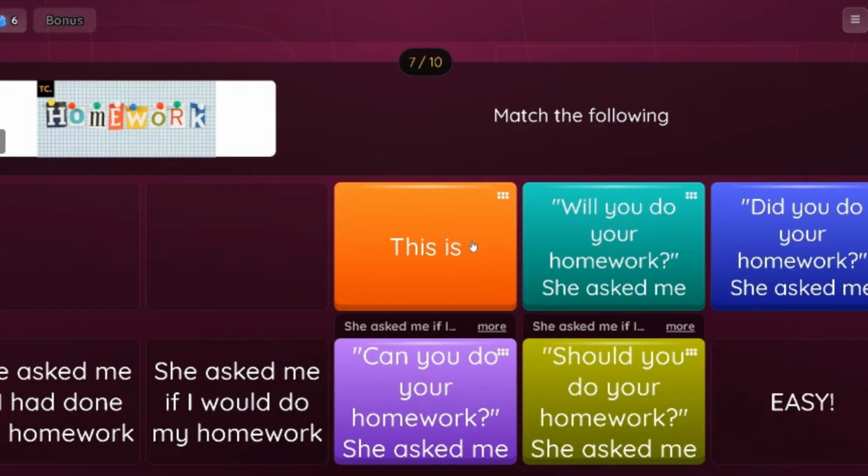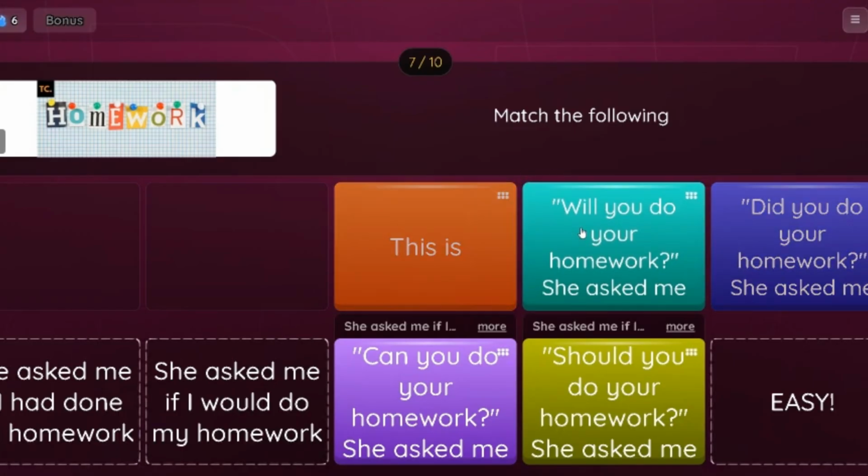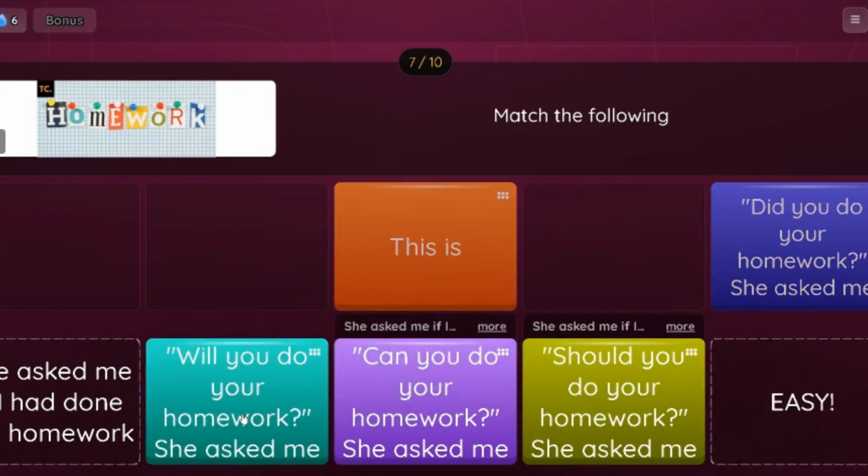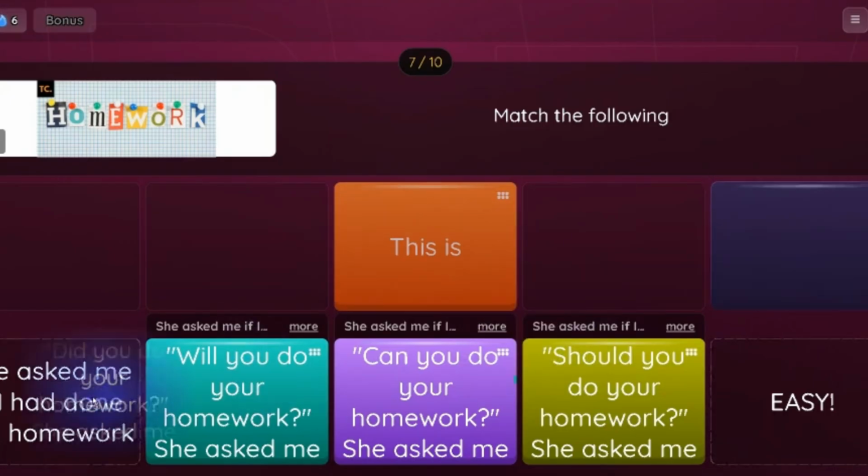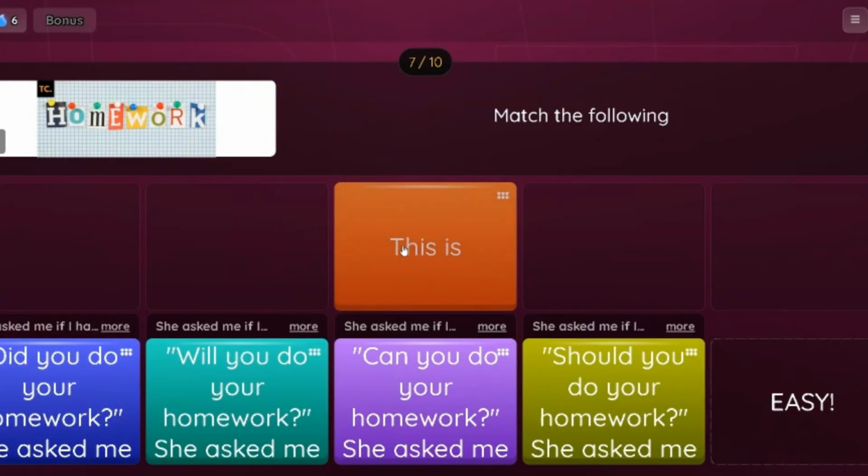Will you do your homework? She asked me if I would do my homework. Excellent. Did you do your homework? She asked me if I had done my homework. Excellent. Good job.